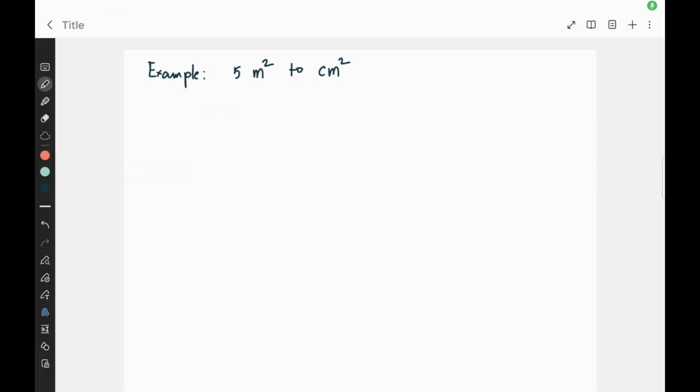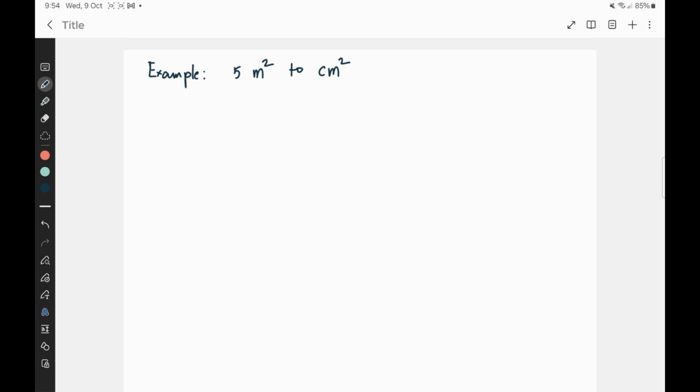Now, there's one more thing that I forgot to share with you, and that is how to convert one unit of area to another unit of area, or maybe a unit of volume to another unit of volume. So let's take a look at this example. We will convert 5 square meters to square centimeters.